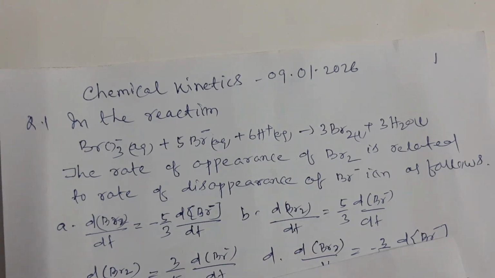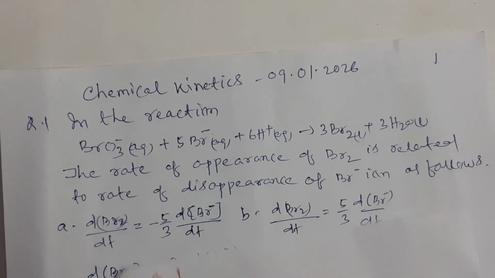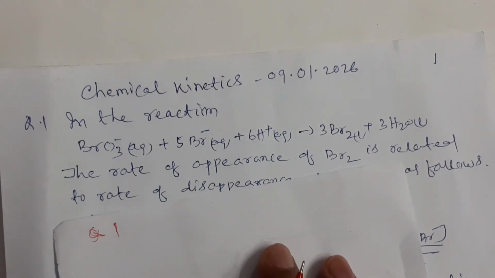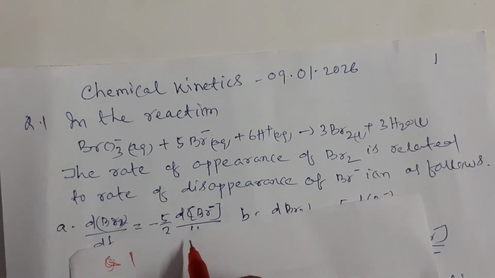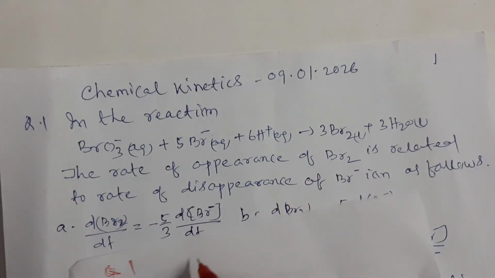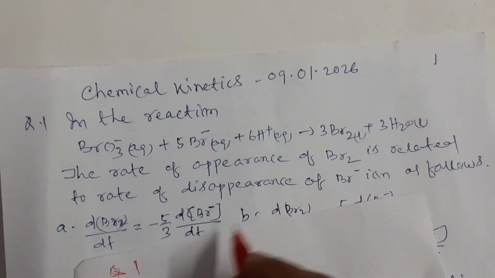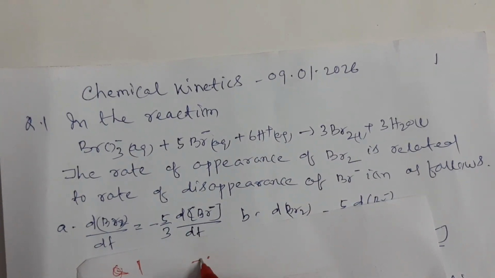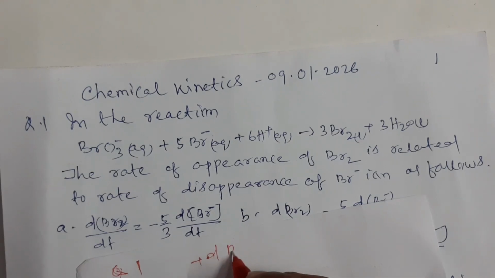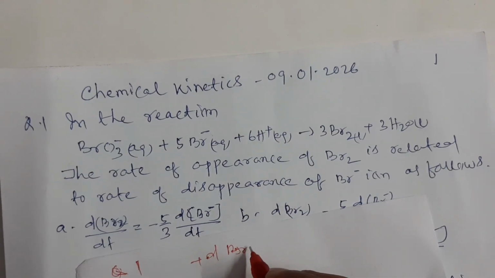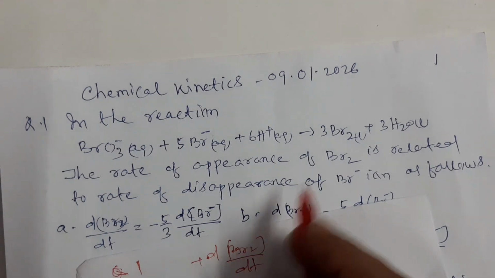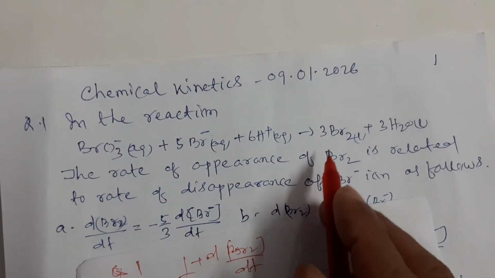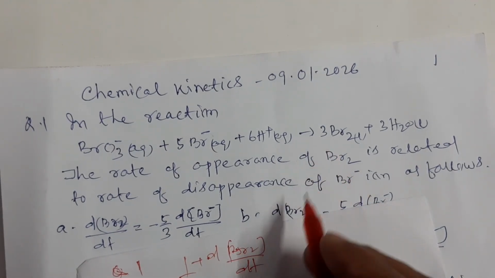You see, question number 1. So what to do? The rate of appearance of bromine, when it is appearance, is plus 1 by 3 dBr2 by dt, because 3 is given.